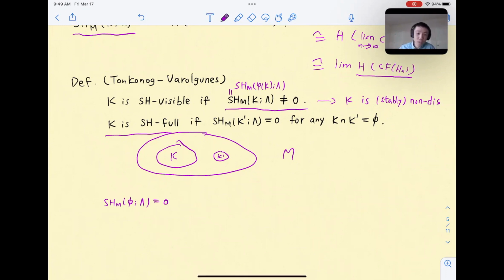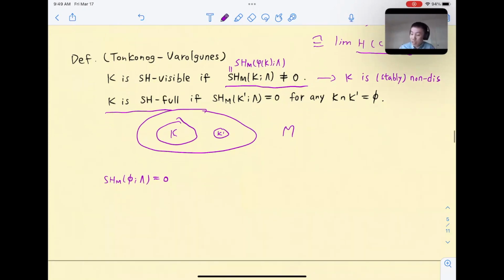In particular, by this stably non-displaceable property, any displaceable set has vanishing relative invariant. And we have a global section: if we take K to be M itself, the compact set, then this is the quantum cohomology of M.